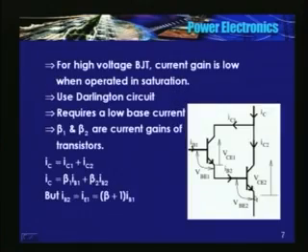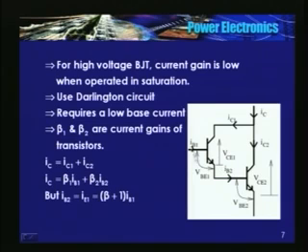First of all, high voltage BJT's current gain is low and it is operated in saturation. So, as the collector current increases, the base current requirement also increases. So, how do I overcome this limitation? Use a Darlington circuit. What is the Darlington circuit?